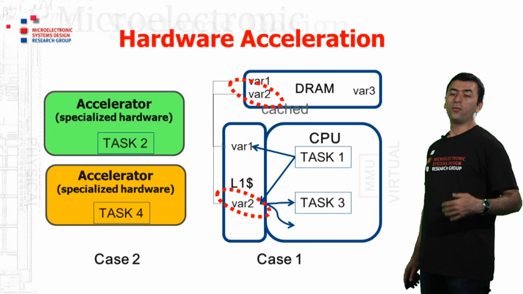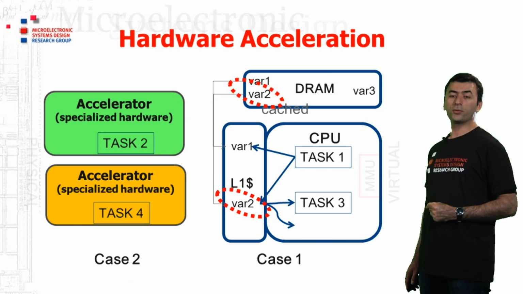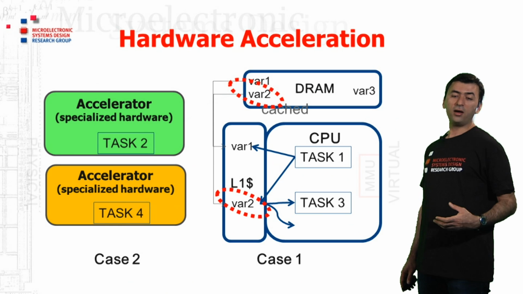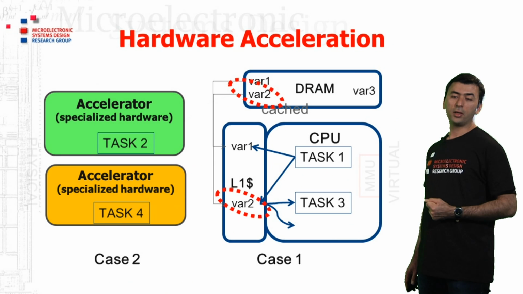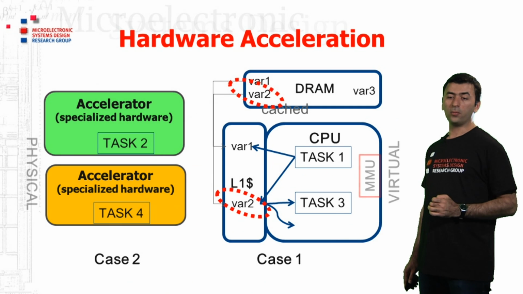But, for example, look at variable 2. Variable 2 is also cached in the CPU caches. So, where should the accelerator really look for variable 2? Inside the DRAM or inside the caches? This is a major problem.